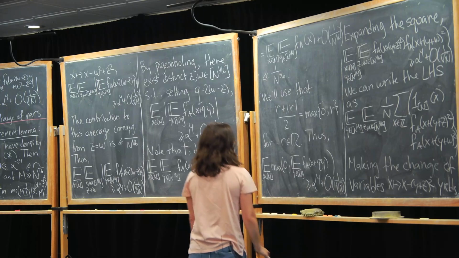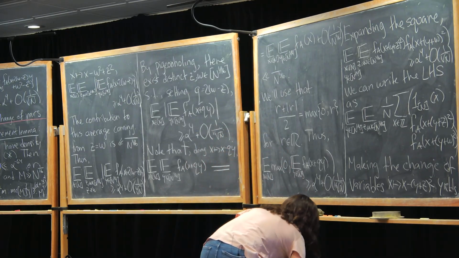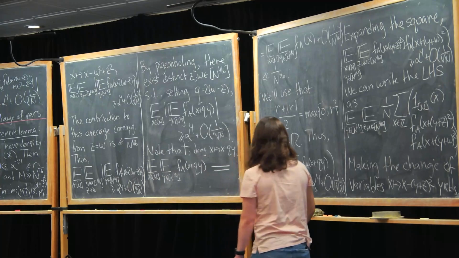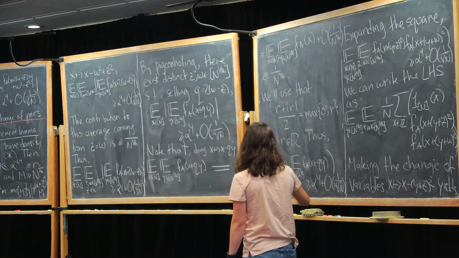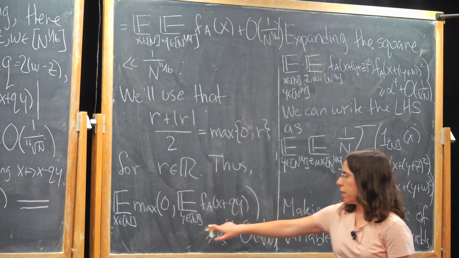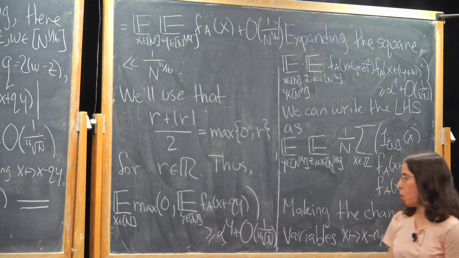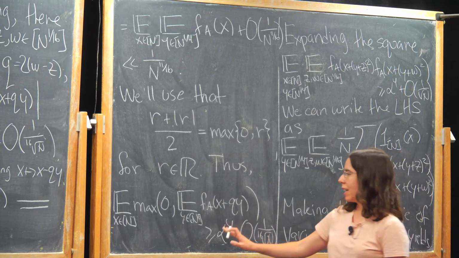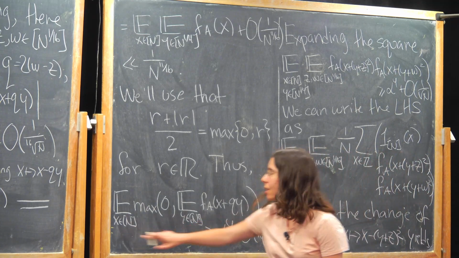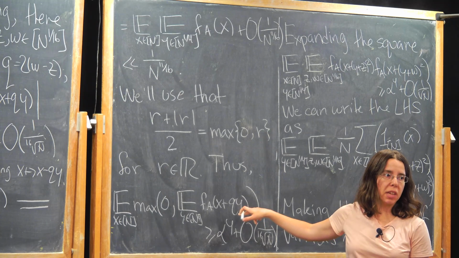Okay, so now we're almost done. This says that we have increased density. So basically here we could almost apply the pigeonhole principle and get that we have increased density on the arithmetic progression with common difference q, starting at x, of length n to the 1/4. But the issue is that for some of these x, that arithmetic progression might not lie totally in the interval from 1 up to n.